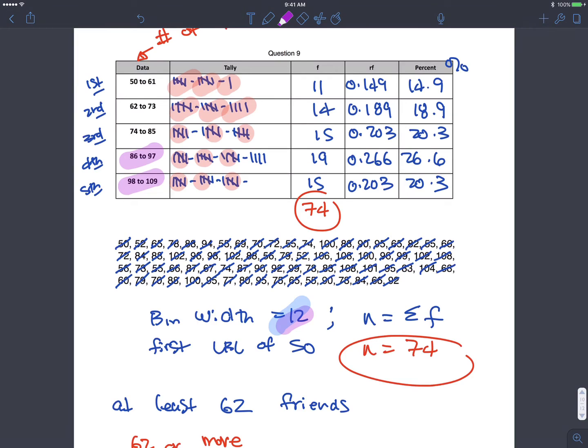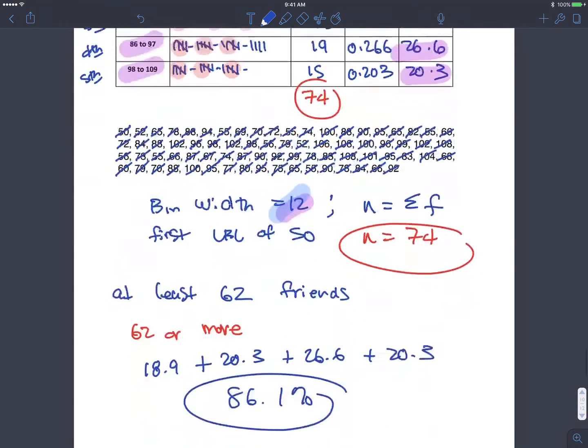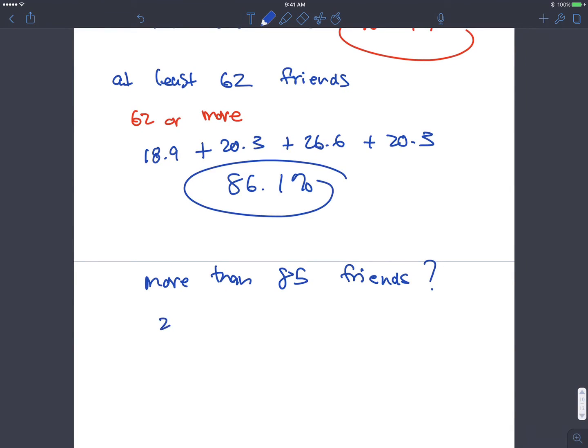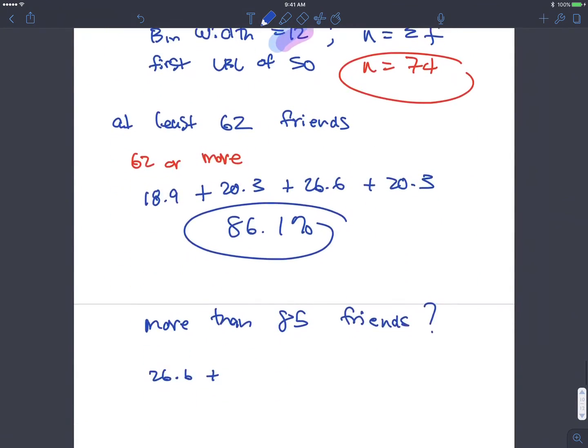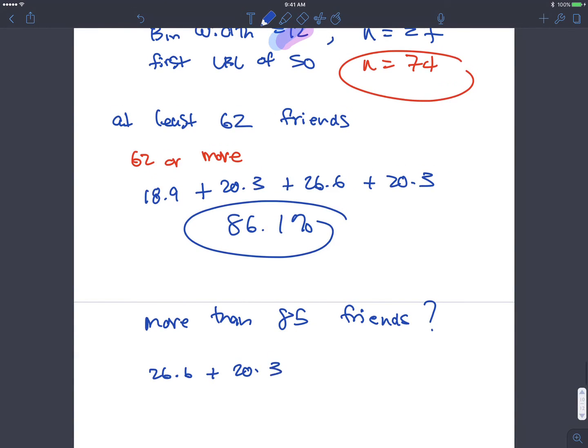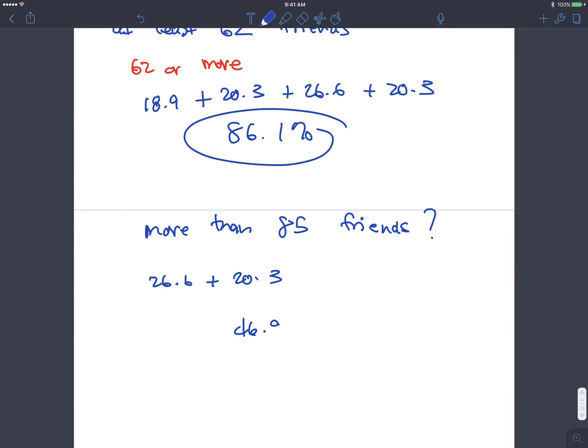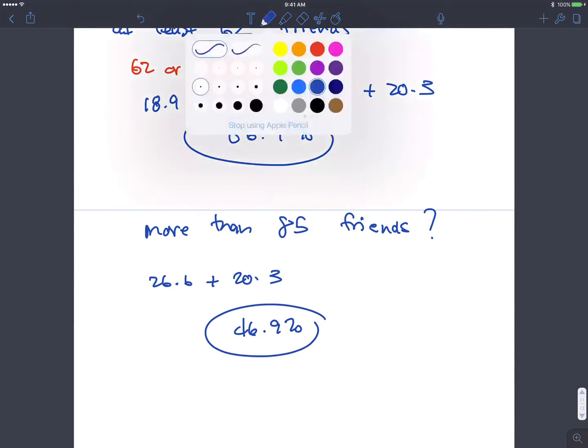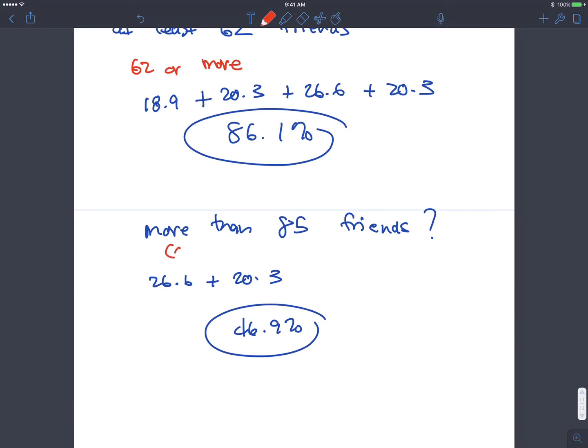Bins 4 and 5 hold data values that are more than 85, that is, 86 to 109. So we take 26.6 and add it with 20.3, and that gives us 46.9%. Remember, more than 85 means greater than 85.